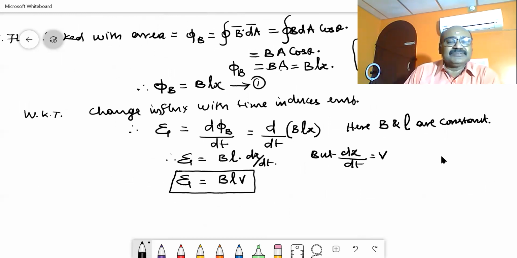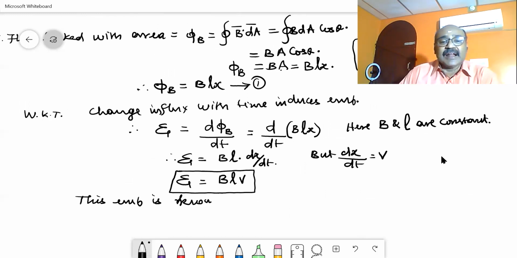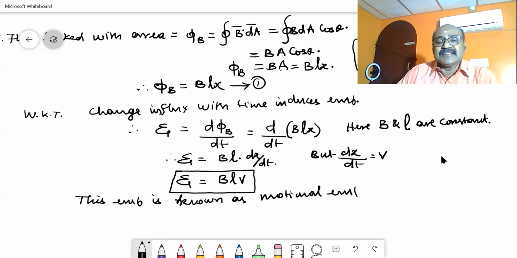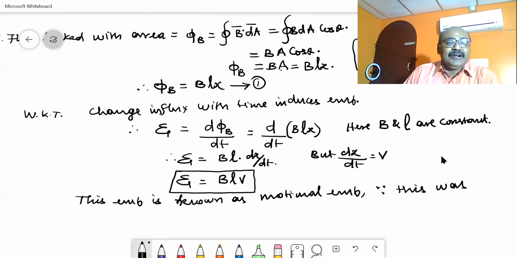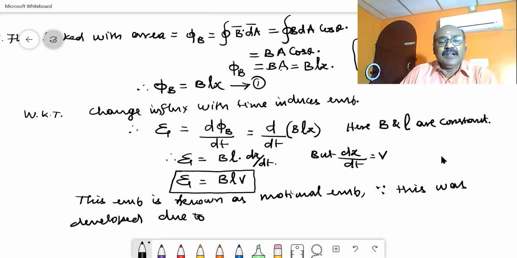This EMF is known as motional EMF. We are calling it motional EMF since it was developed due to the motion of the loop, by changing the area.